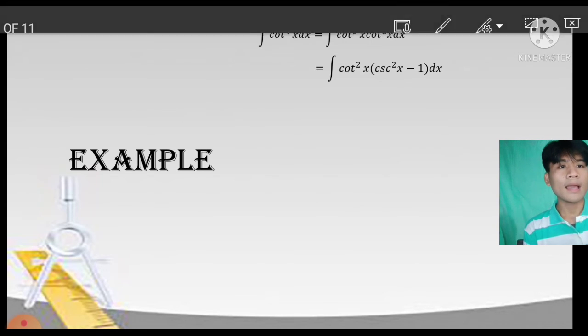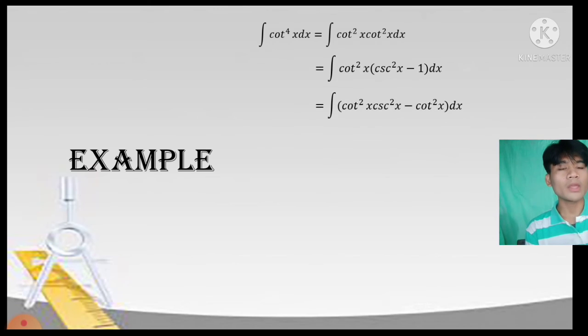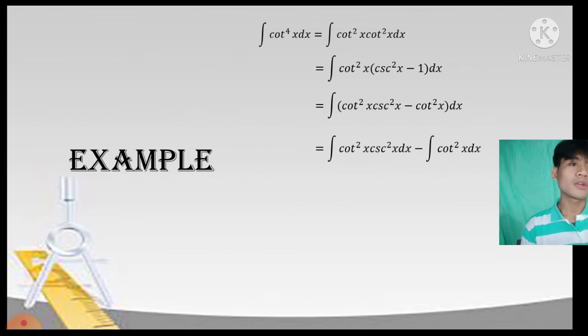And then we come up with the integral of cotangent squared. We distribute the cotangent squared to the quantity. So we come up with cotangent squared x cosecant squared x minus cotangent squared x dx. And then we solve for the integral of cotangent squared x cosecant squared x dx minus the integral of cotangent squared x dx.